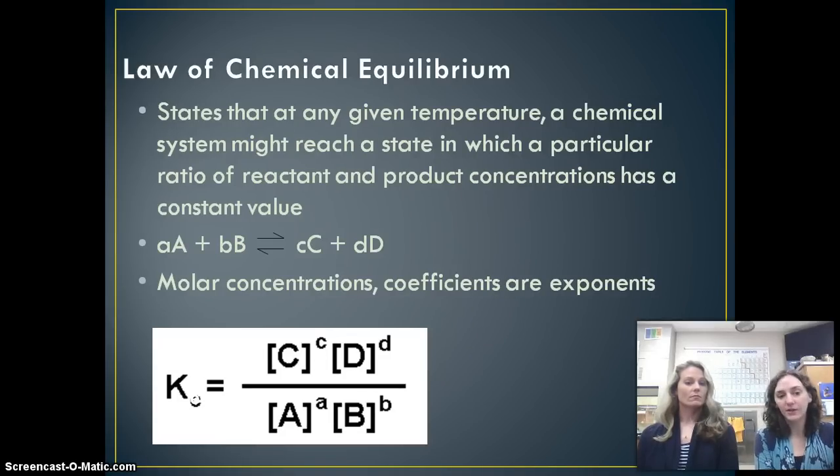The lowercase letters represent coefficients, and the uppercase letters represent your reactants and your products. So when we write out our equilibrium constant, that would be K with a small eq, which I'll add as I'm talking, maybe, if I'm that good.